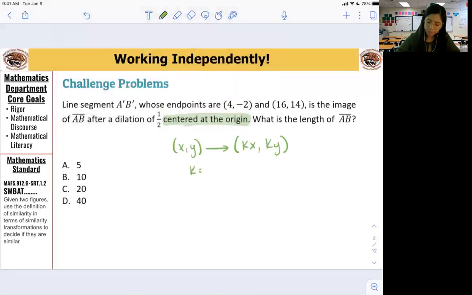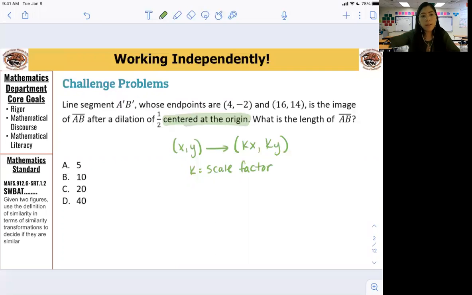Isn't that like the scale factor? Good. K is the scale factor. But that only works if it's centered at the origin. So always read it carefully and see where the center of dilation is. If it's at the origin, you're good to go.